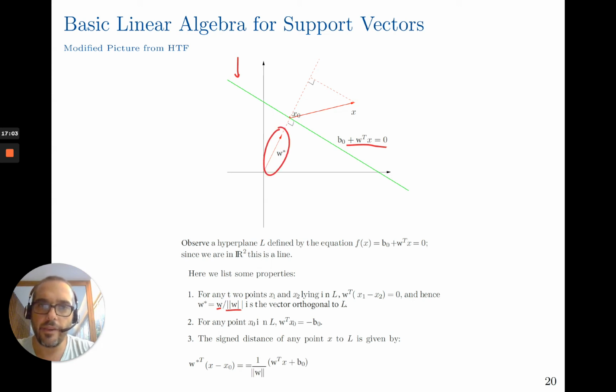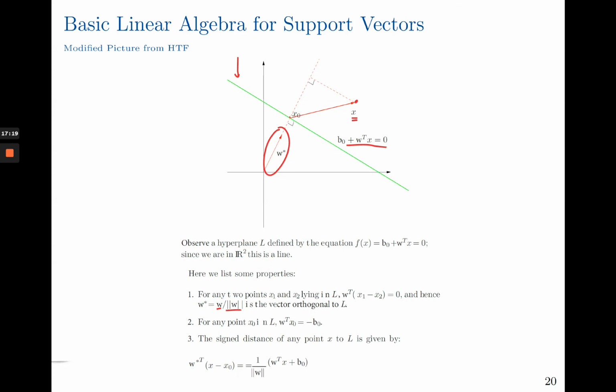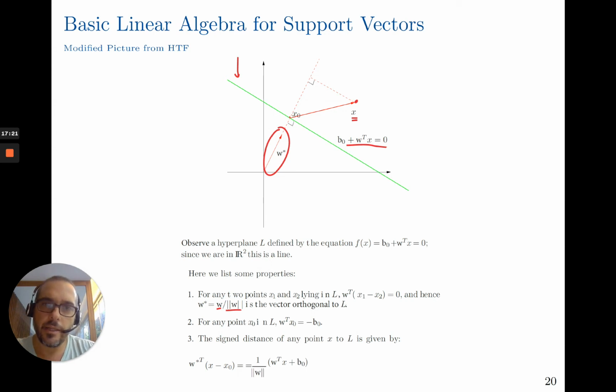And we have here another point, a general point x. The distance between x naught, a point lying on the hyperplane, and this point x is given by this red line, so the norm of this red vector is the distance.